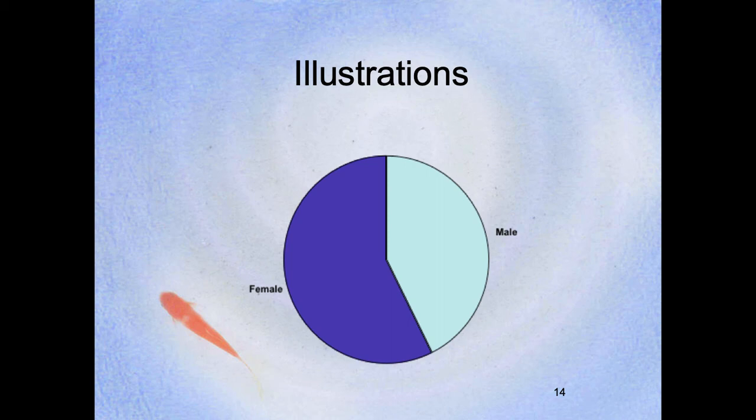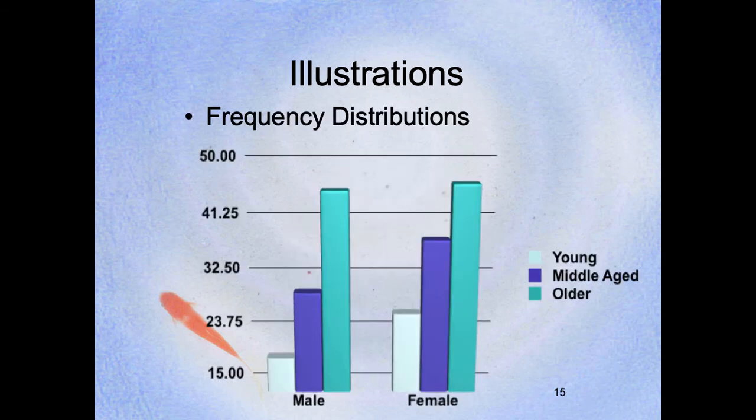These are pretty simplistic. I prefer any graphs to be somewhat more informative, so something like a bar graph, looking at one IV here would be male versus female, the other IV would be age, and you can see there's differences between the genders and the ages on whatever that DV is. Let's say likelihood of having an accidental fall or something like that.